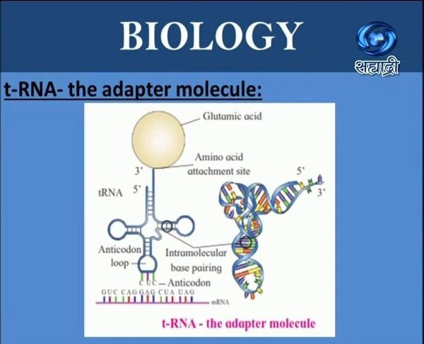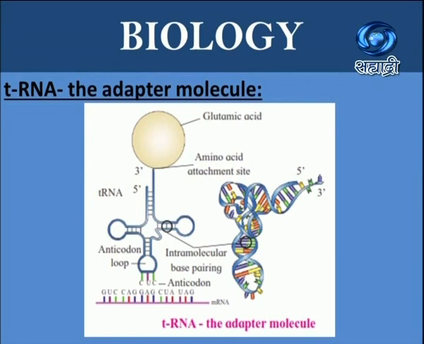The process of translation requires amino acids, mRNA, tRNA, ribosomes, ATP, magnesium ions, enzymes, elongation, translocation, and release factors. Amino acids form the raw material for protein synthesis. About 20 different types of amino acids are known to form proteins. These are available in the cytoplasm.